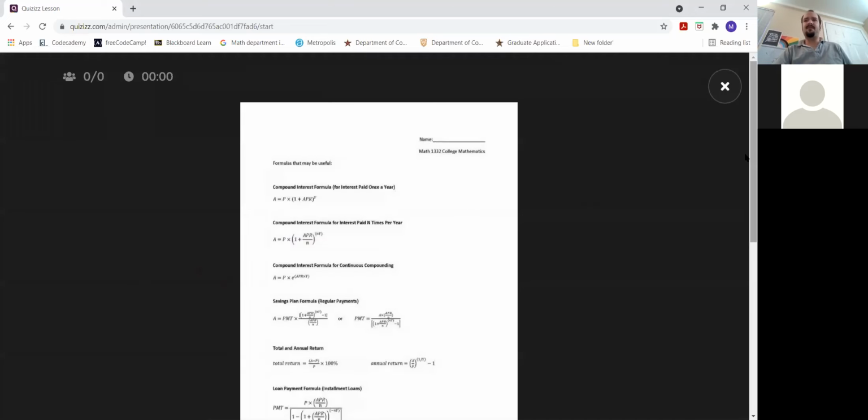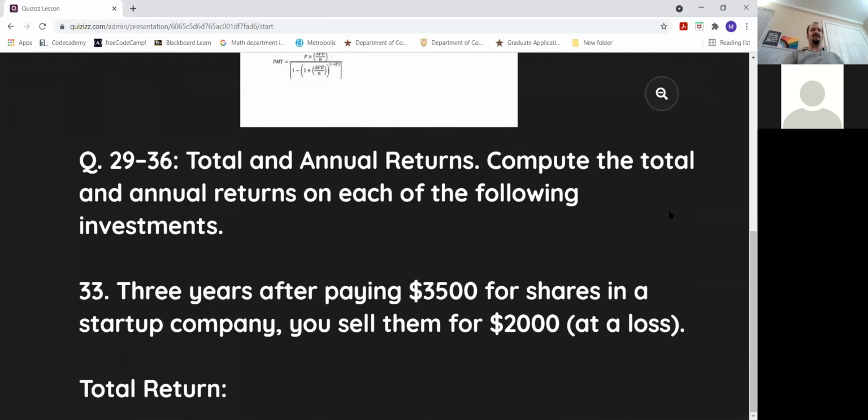Okay, so now what are we doing? I think we're doing the same thing with a different investment. We're going to do total returns and annual returns. 3 years after paying, this is what we start with, 3,500 for shares in the startup company. We're selling them at 2,000. And they say here it is at a loss. So they're trying to give you a hint of how this should go.